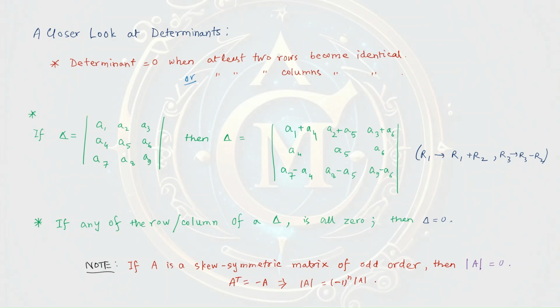So you can pull this determinant of A to the left side. So this becomes 2 determinant of A equals 0. That means determinant of A should be 0. This you can prove by this method.